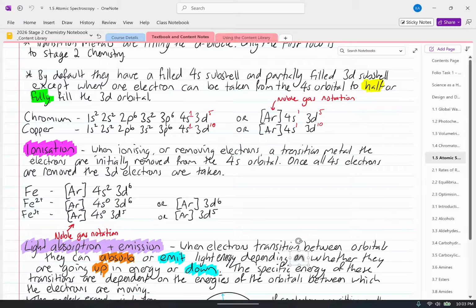Now you can write the configuration 4s0 3d6, or you can just remove the 4s completely and write 3d6. Both are fine. And if we remove any further electrons, they will start coming from the 3d orbitals as normal, as you can see in this row here.